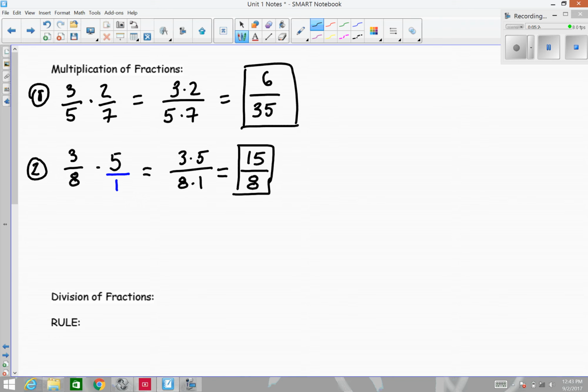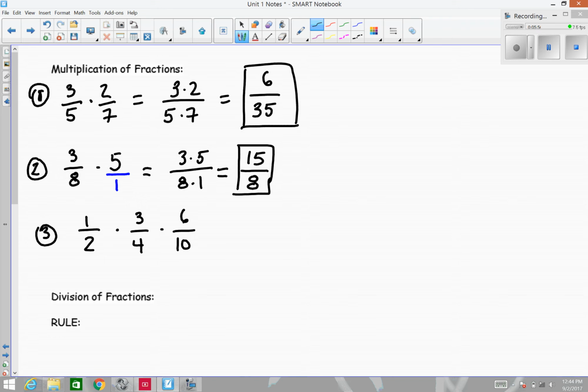And there's my solution for that one. Let's take a look at one more example of multiplication of fractions. This time, I'm going to multiply 3 fractions. 1/2 times 3/4 times, oh, let's say 6/10.